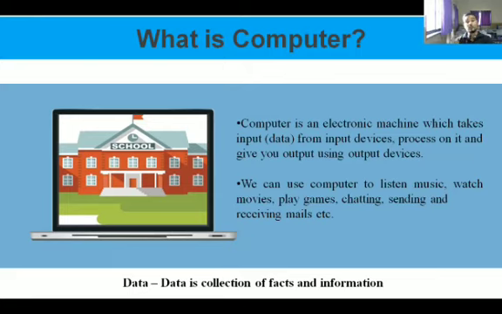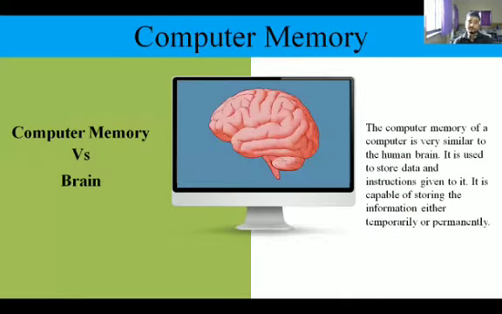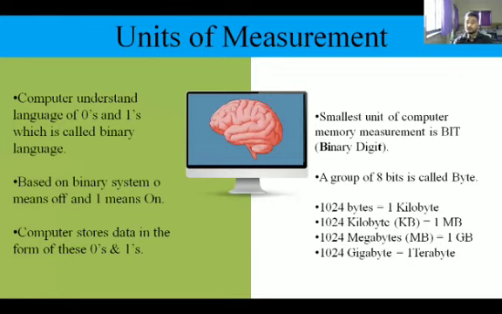Then it gives you output using which devices? Output devices. Uses of computer: listening to music, watching movies, playing games, chatting, sending and receiving mails, etc. Characteristics: speed, memory, accuracy, diligence, versatility, multitasking. Then computer memory versus human memory.